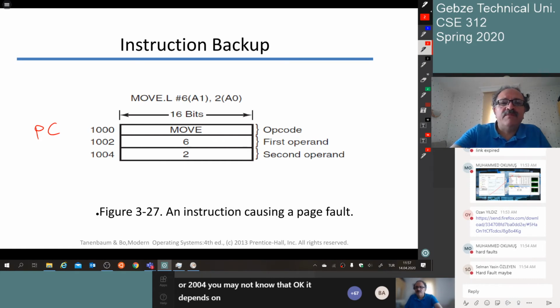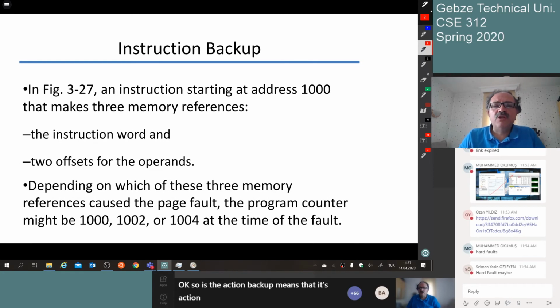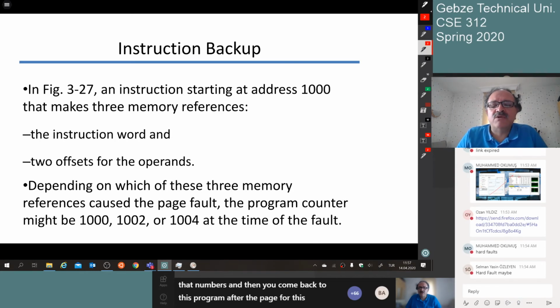So instruction backup means that you need to figure out the state of your PC when the page fault has occurred. You need to recover that number, and when you come back to this program after the page fault is handled, you need to start from a consistent state. That's what instruction backup means, and the book has a very good discussion.